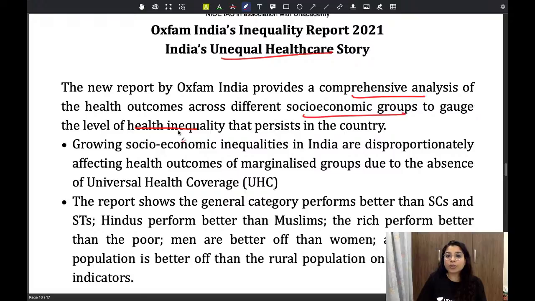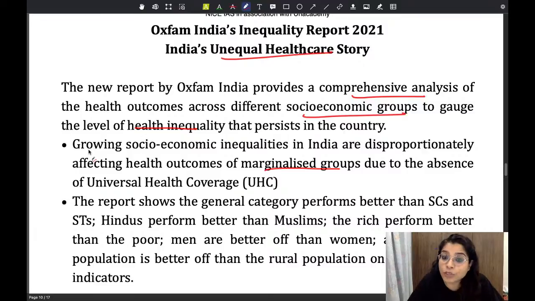Now, growing socioeconomic inequalities are disproportionately affecting health outcomes of the marginalized groups due to the absence of universal health coverage. Since independence, we have been talking about universal health coverage, but yet it has not been implemented. And the reasons for it can become a part of a separate lecture, but we are not going into the details of it.